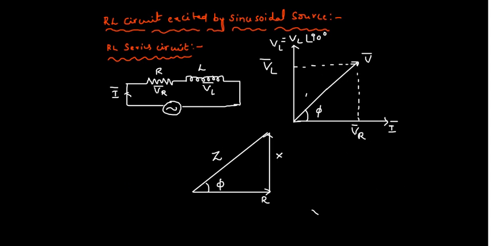In the phasor diagram of this RL circuit, we have taken I as the reference vector, and we can say that V bar lags behind the current by some angle.